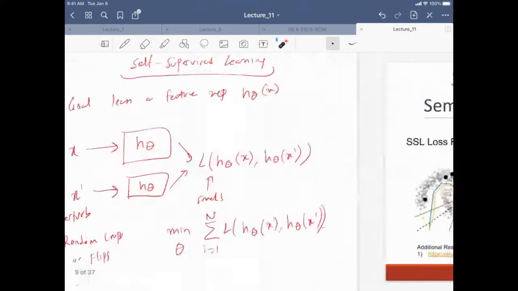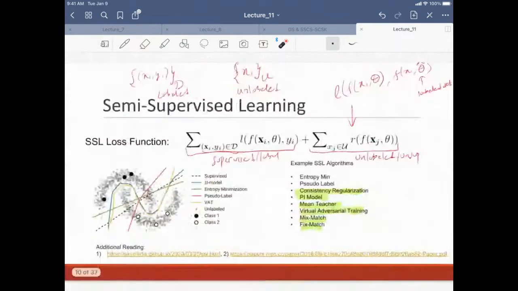So consistency regularization is exactly this idea: you do some kind of augmentation or perturbation, and you enforce that the predictions are consistent across them. And you additionally add this to your labeled set, so you do a combination of the two.